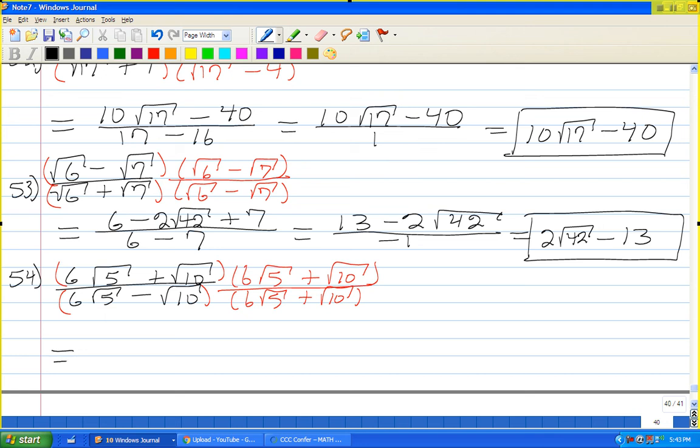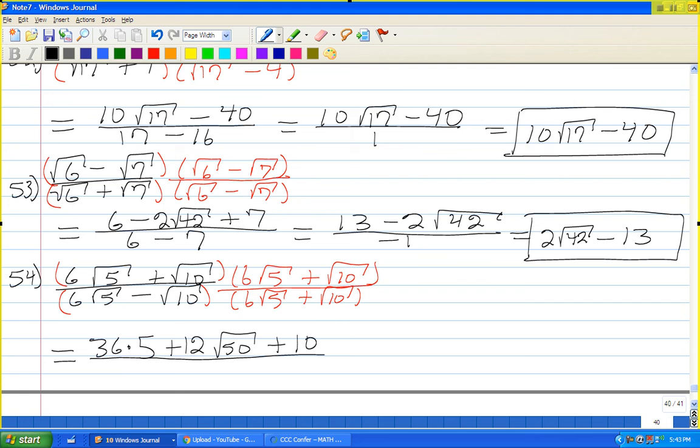So this is equal to 6 times 6, 36. Rad 5 times rad 5, 5. 6 rad 5 times rad 10 is rad 50. 6 plus 6 is 12. Rad 10 times rad 10 is 10.